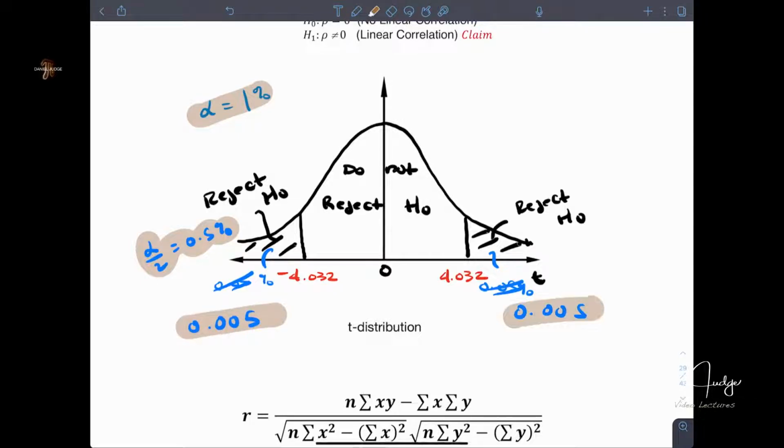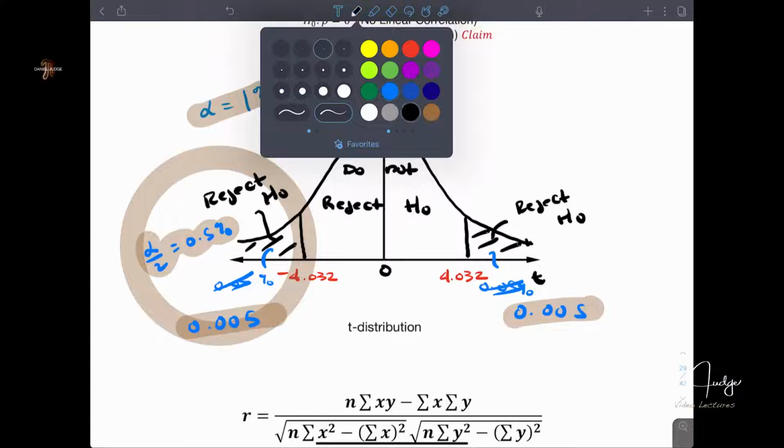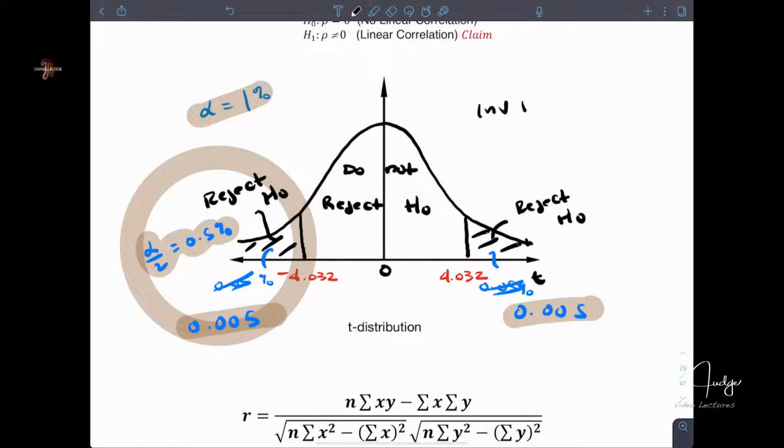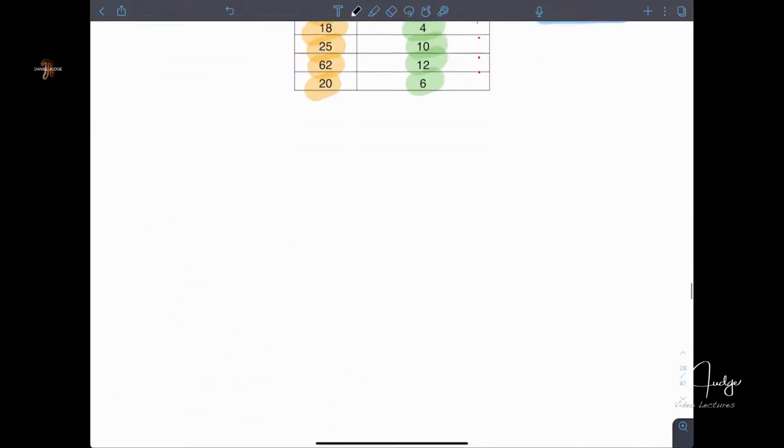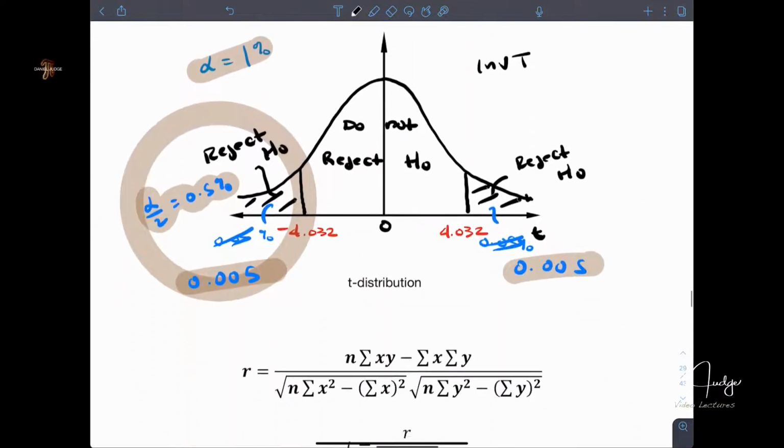The reason you care about that is because when you find the critical value, you're looking at area to the left when you use the inverse t function. Don't forget, for inverse t, we need the degrees of freedom of 5. So we're going to use the calculator now.